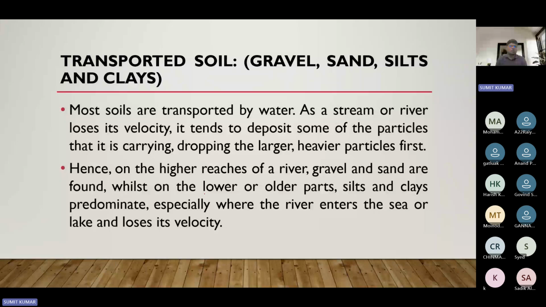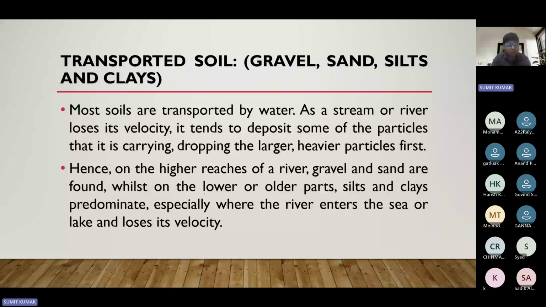So over there you see that the river flows out from there with the rock particles it carries, and with the flow of water, these particles break down into small particles and ultimately the very fine particles get deposited on the ground at the very lower end, while the heavier particles like gravel and sand get deposited at the higher end.